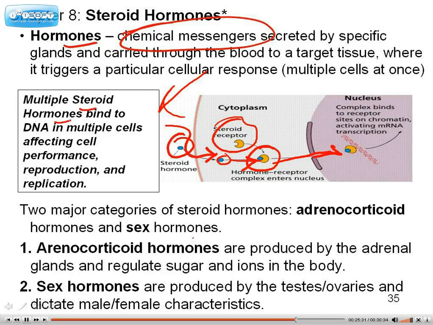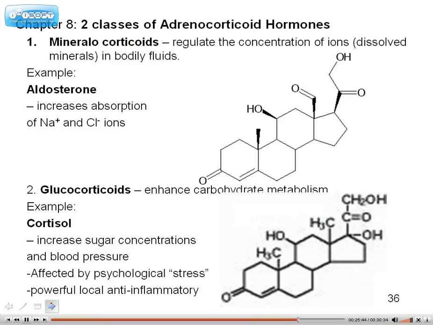Multiple steroid hormones bind to DNA in multiple cells, affecting cell performance, reproduction, and replication. There are two categories of steroid hormones, adrenocorticoid and sex hormones. So, the adrenocorticoid, you again have to memorize these names.